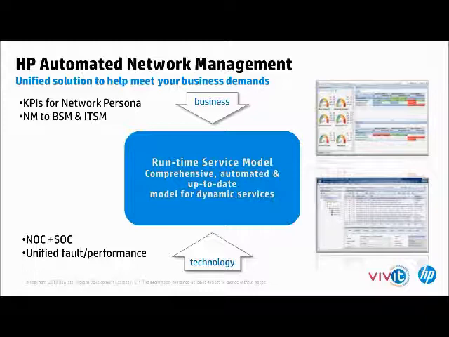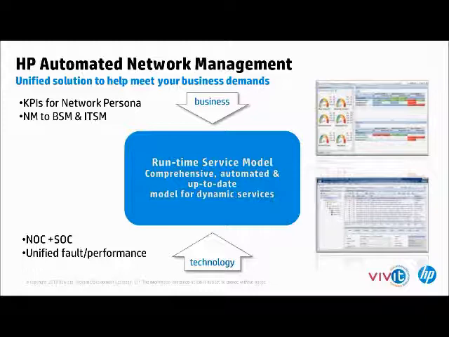So this is that 360-degree view that we're talking about, where you integrate fault, performance, and configuration data all into a single view. So basically, A&M is really, what I like to talk about is a bottoms-up approach in terms of some of the capabilities that A&M provides here.